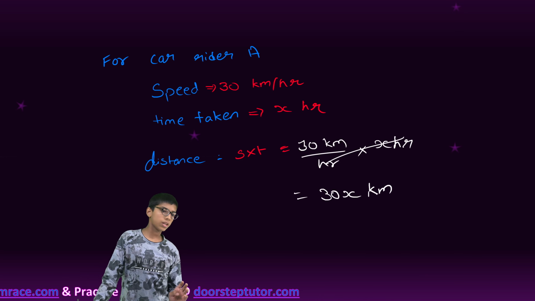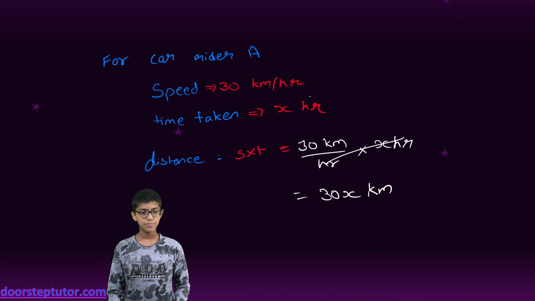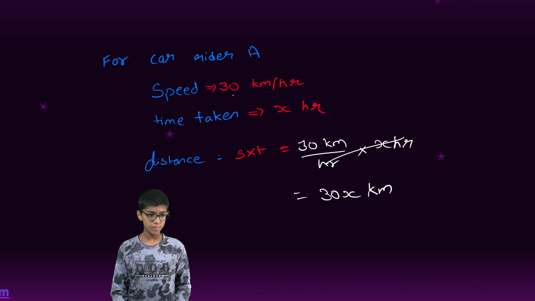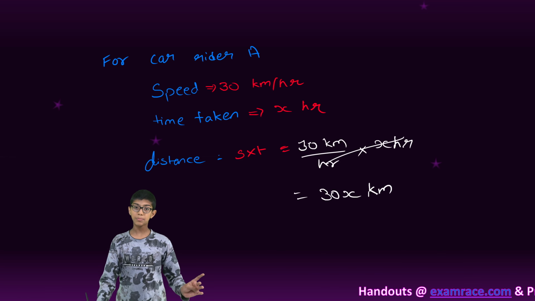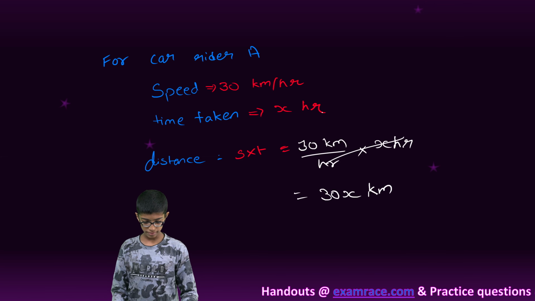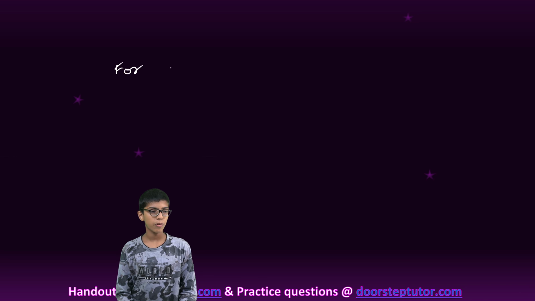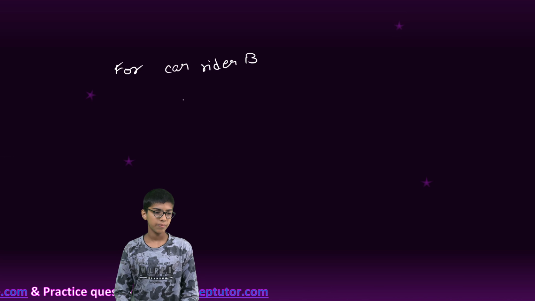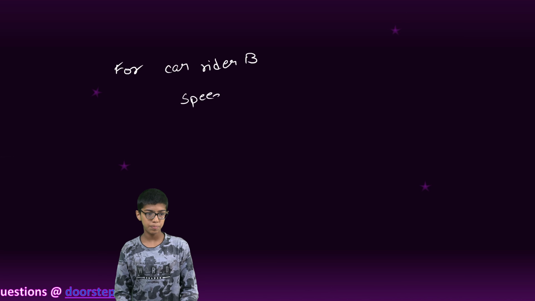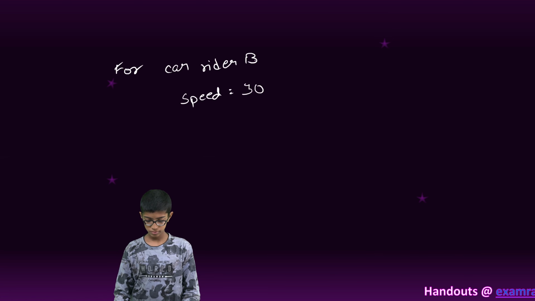Now we will do the same for car rider B. So for car rider B, speed is 35 km per hour, time taken is x minus 1 hours. Why? We will do that. For car rider B, speed equals 35 km per hour.